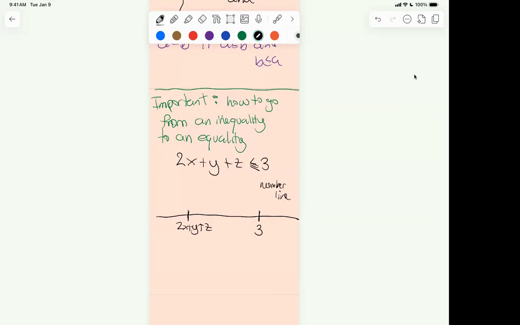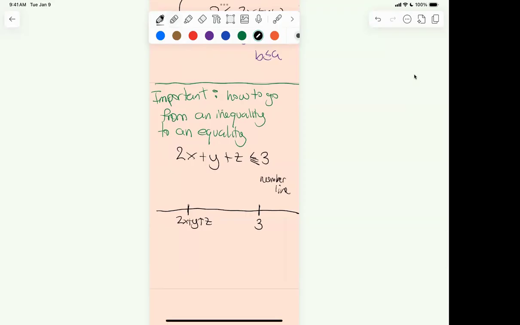Which means, and this is why it's called a slack variable, because it's picking up the slack, there is an amount that you could add to this to get to 3, and that will be called W, for example. So there's a difference between these two numbers.